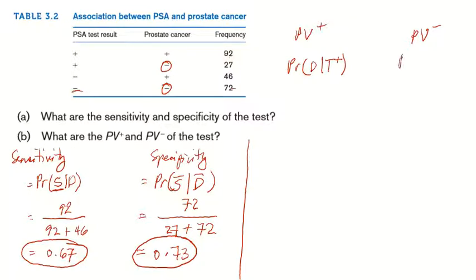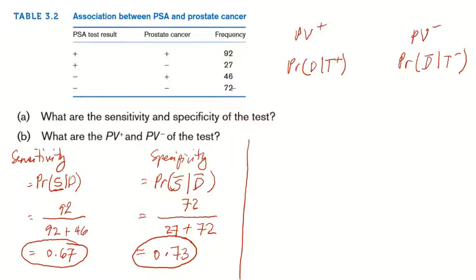And then predictive value negative, that's just the probability of not having the disease when the test is negative. Now, in sensitivity and specificity, we group according to whether there's disease or no disease, right? In PV plus and PV minus, we'll group according to positive test or negative test.